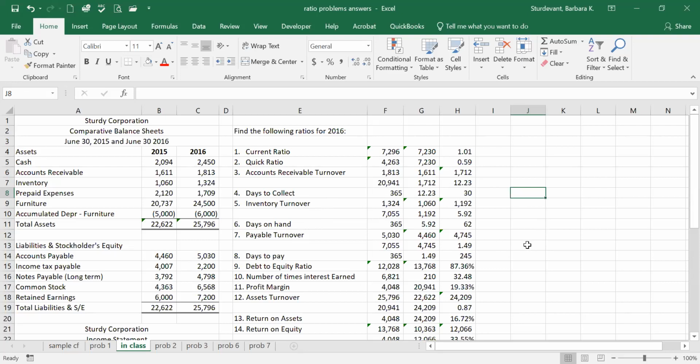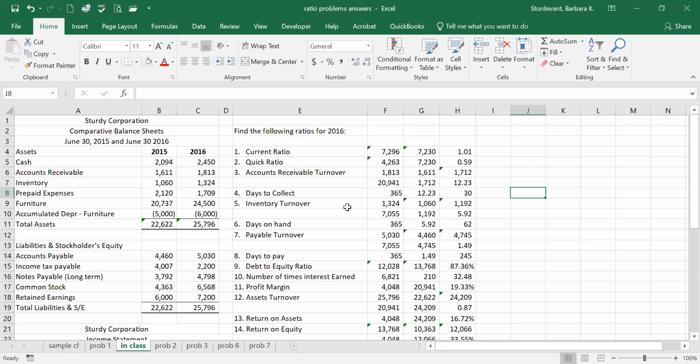All right, I'm not going to be doing all the ratios that are on here because some of these we don't do in this class. Okay, I'm going on. Inventory turnover. So same thing as accounts receivable. How long do I keep my inventory? And this one is really going to be industry specific.